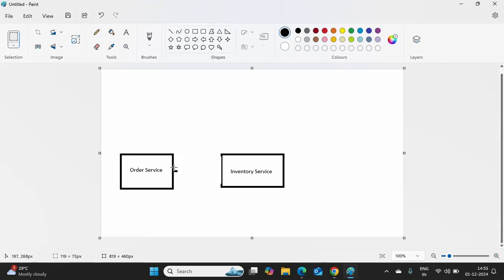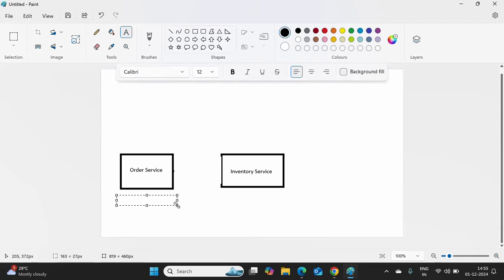Then the order service is running on some server and port. This is the order service IP, 123.156.989.63, and it is running on port 8585. At the same time, the inventory service is also going to run on its own address.